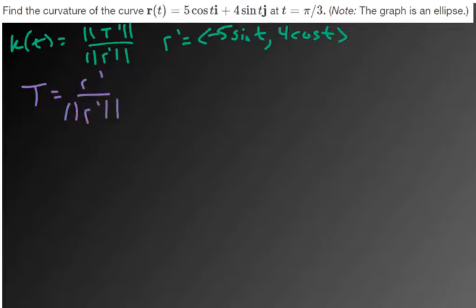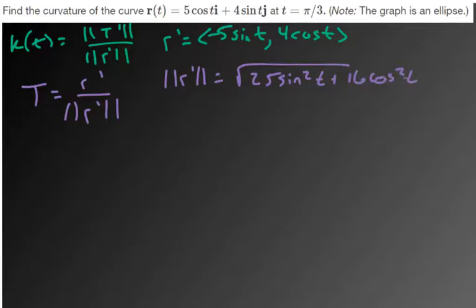So we will need the magnitude of r prime here. The magnitude of r prime is just the square root of each component squared, right? So we get 25 sine squared t plus 16 cosine squared t.